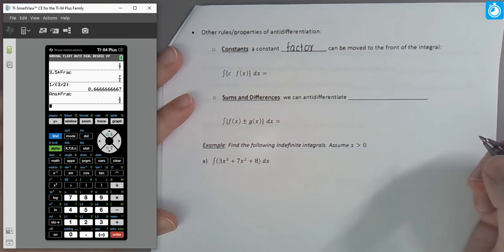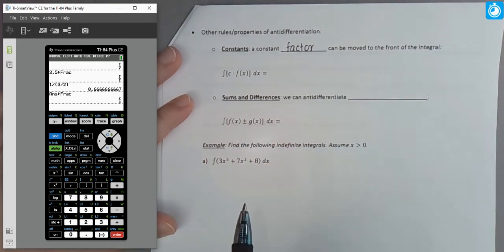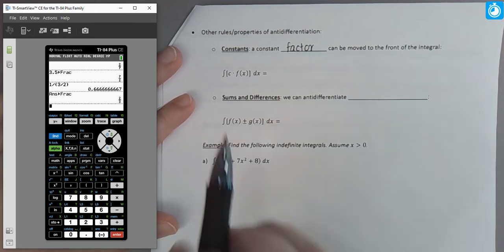Another way of saying that is when we have a constant multiplied by a function and we differentiate, we know the constant doesn't factor into the derivative. Essentially, we can factor that out, just take the derivative of the remaining function and then just multiply it by the constant at the end. The same thing is true for integration, antidifferentiation.